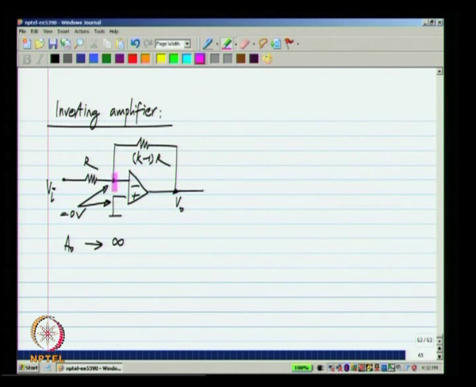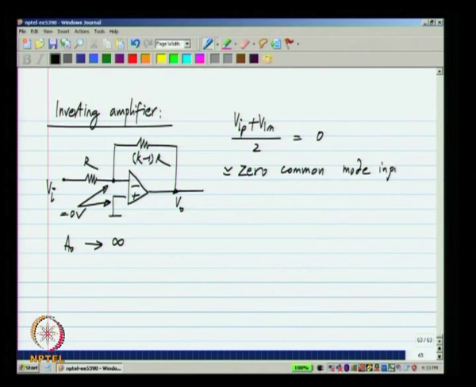So, you can see now that the average value of these two, the common mode voltage, is very close to 0. So, the inverting amplifier has an almost 0 common mode input for the op amp.